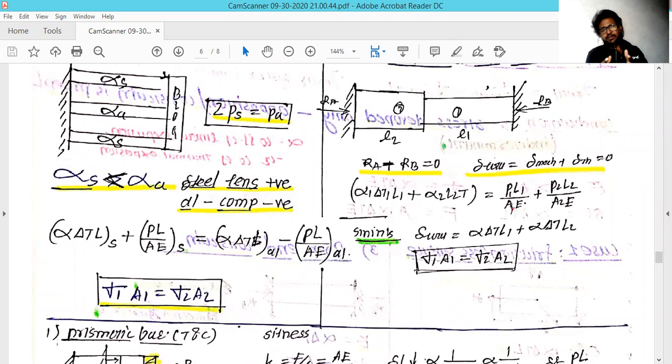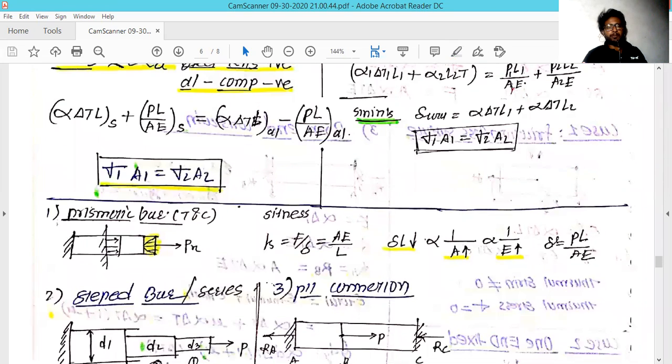Because this force is applied at the aluminum, which is distributed into the steel rods. So you can take one relation, which is 2Ps equal to Pa. Ps is nothing but the force generated inside the steel rod, and Pa is the force generated at the aluminum rod.